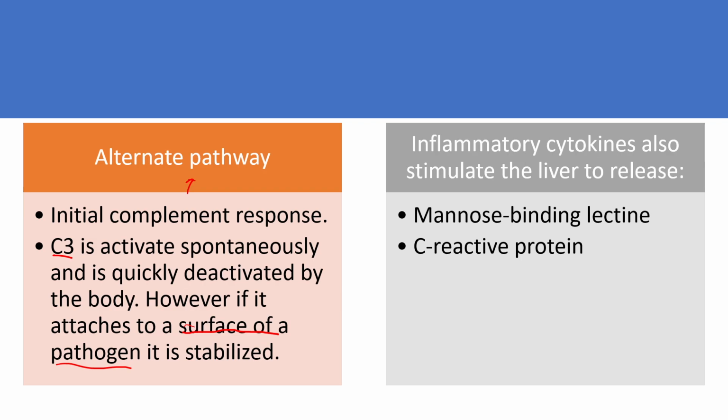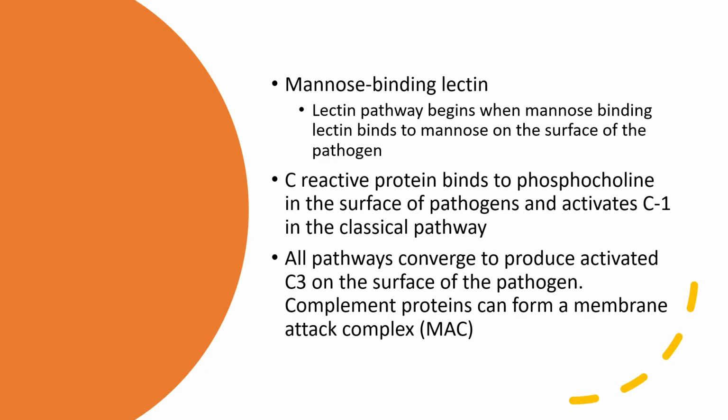We also have inflammatory cytokines that can stimulate the liver to release mannose binding lectin and C-reactive protein. Mannose binding lectin is for the lectin pathway. It begins when mannose binding lectin binds to mannose on the surface of the pathogen. C-reactive protein binds to phosphocholine on the surface of pathogens and activates the C1 in the classical pathway.